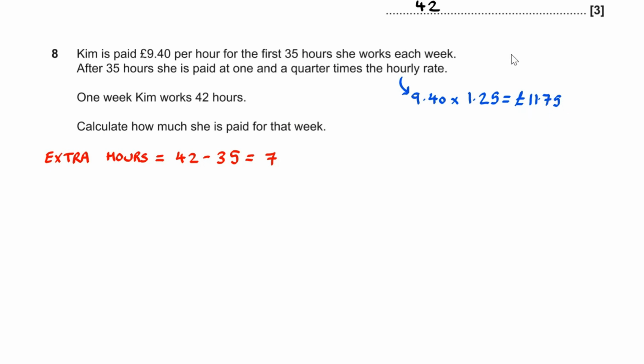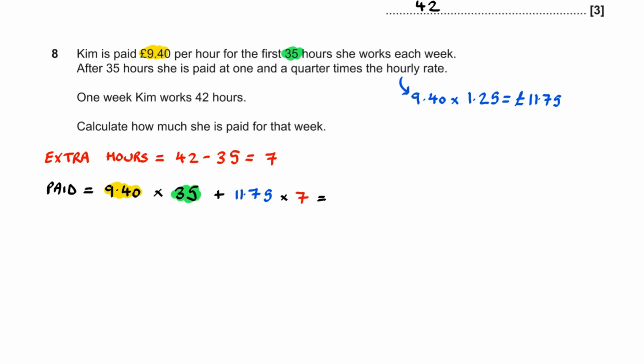So for every hour over 35 hours, she gets paid £11.75. And therefore, she will be paid £9.40 times by the 35. So we've got the £9.40, which is the standard wage, times by the 35, which is how many hours she works. And then we add on the £11.75 multiplied by the 7 hours extra that she works.